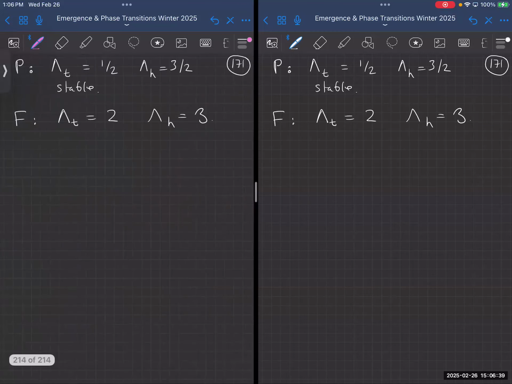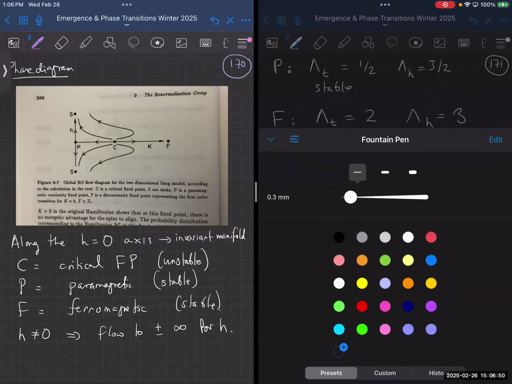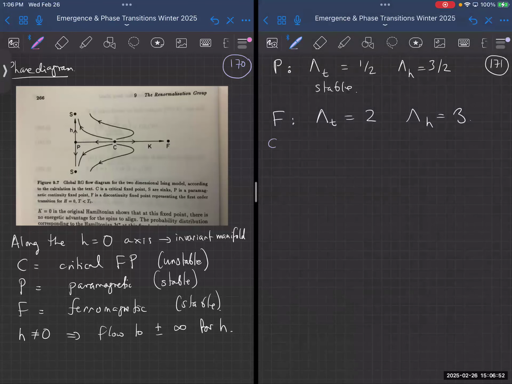Yep. Okay. You can do that in the homework, just to go back and check that. Okay. So now there's a question that you should be asking. You might say, wait, F is supposedly a stable fixed point. I've drawn the flow as going away from the critical fixed point.